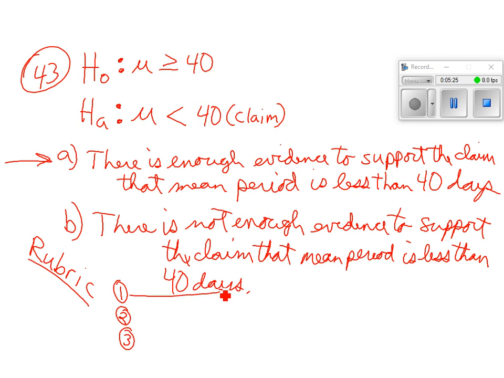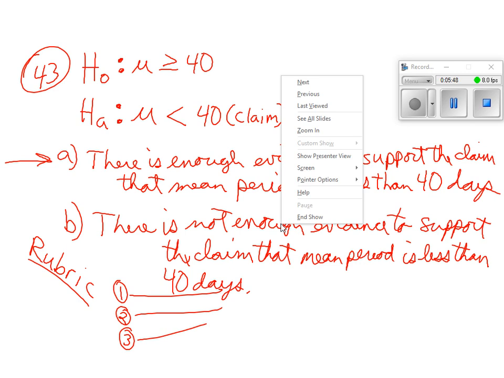I'm going to tell you what to write in the first part, what to write in the second part, what to write in the third part, and you do that every single time. So a lot of times all these interpretations will look basically the same.